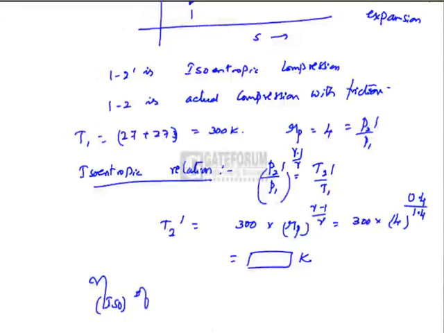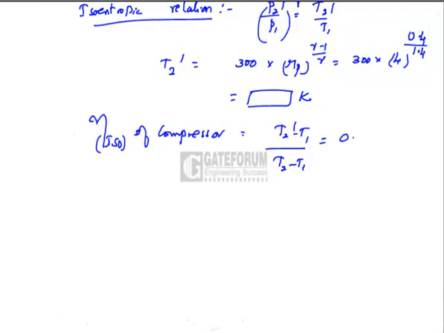By using the isentropic efficiency of the compressor, which is defined as (T2 dash minus T1) divided by (T2 minus T1) and is given as 0.80 in the problem, we can calculate the actual temperature of the air leaving the compressor in Kelvin, because T2 dash is already calculated and T1 is 300 Kelvin.